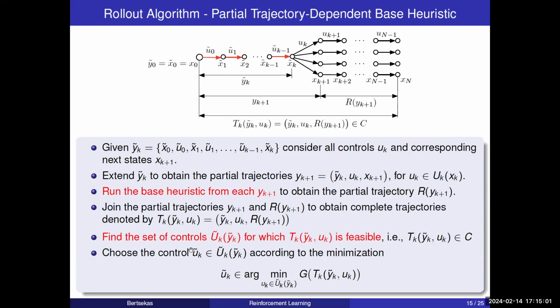And then we choose the control corresponding to this minimization. The rollout control is given by the argmin, over the set of controls that lead to feasible trajectories, of the cost of the full trajectory computed at the end of the horizon. So now we're looking at costs of entire trajectories and not stage by stage.